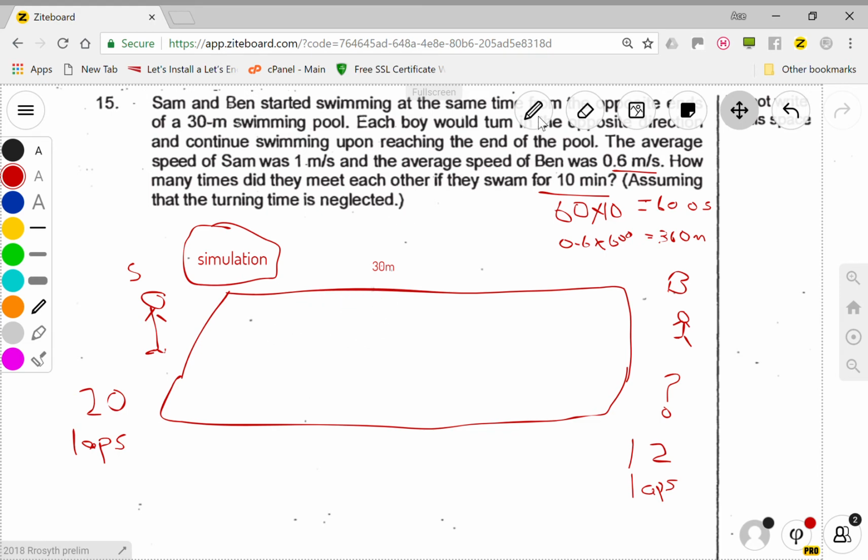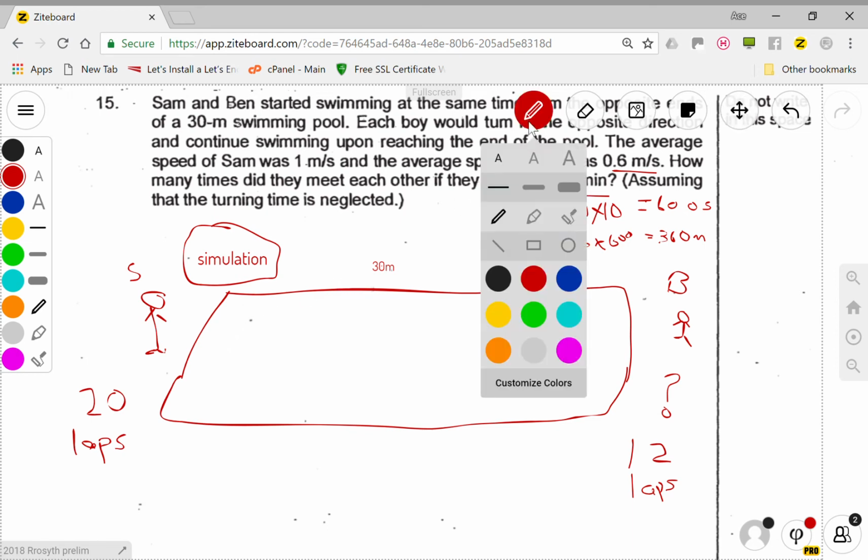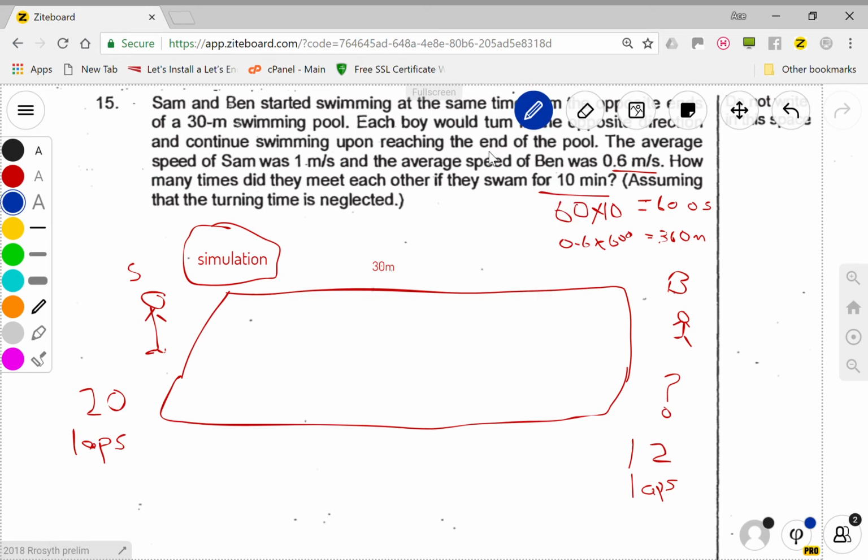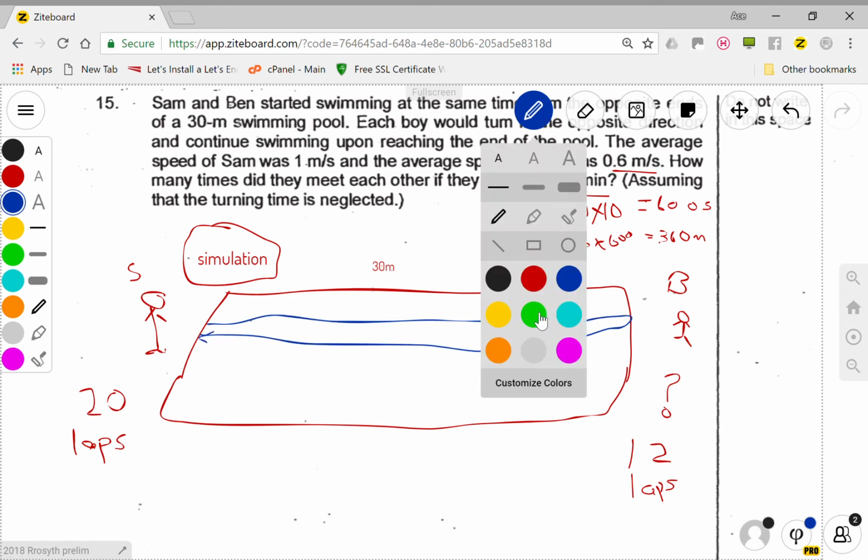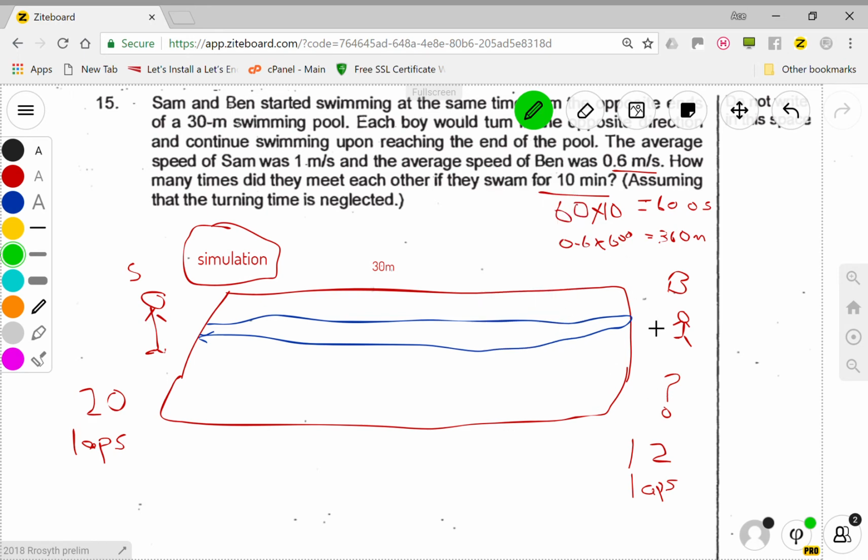One more time. Sam jumps in. I'm going to use blue to indicate Sam. Sam goes here and then turns back. I'm going to use green for Ben. Ben is going just one time this way.